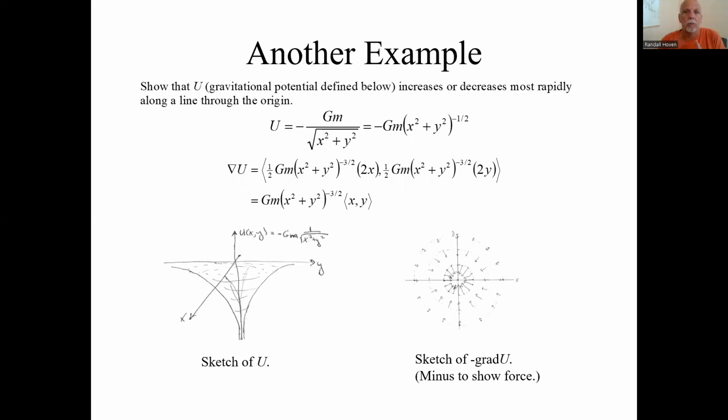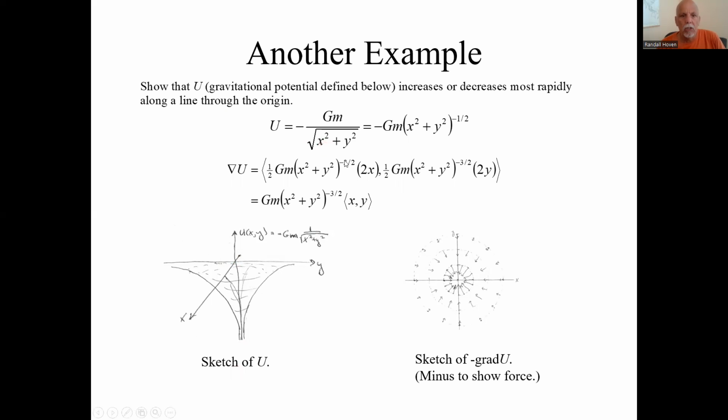How about another example? A two-dimensional gravitational field, some constant over this radius. Let's see what a graph of that looks like. When x and y are both 0, right at the origin, the value of u approaches negative infinity.